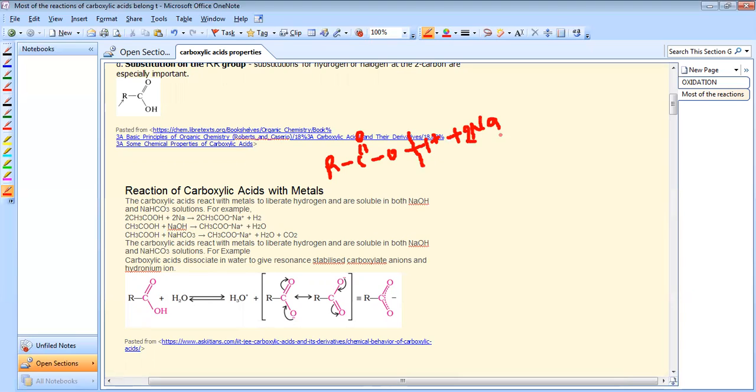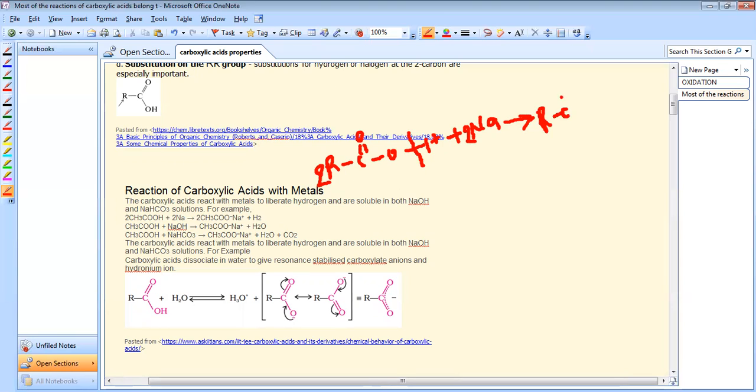So when a carboxylic acid is treated with a metal, particularly sodium, sodium is highly reactive. What happens? Immediately this hydrogen, what happens again? We take 2 moles of carboxylic acid and it reacts with 2 moles of sodium to give sodium carboxylate.